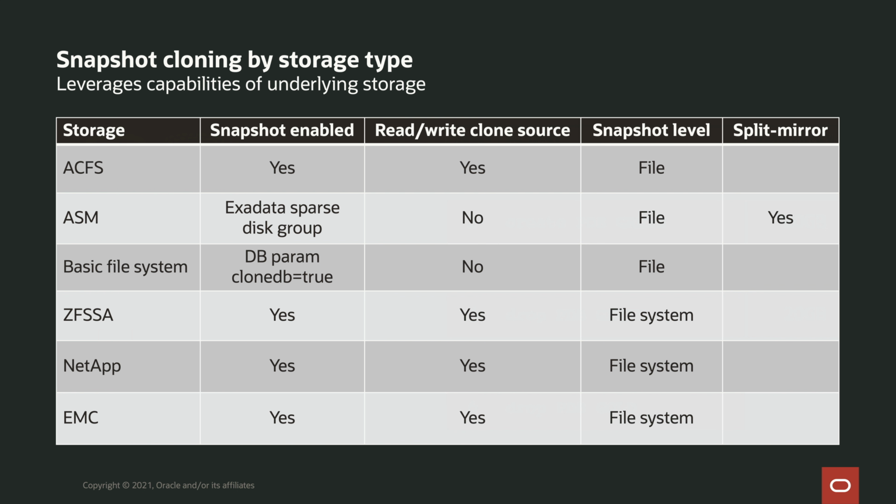Without reading the whole slide out for you, we can see that ACFS has ideal characteristics. It supports snapshot clones natively, the clone source remains read-writable, which is important for Snapshot Carousel, and snapshots are taken at the file level, so storage is not held hostage when dropping apparently independent PDBs.